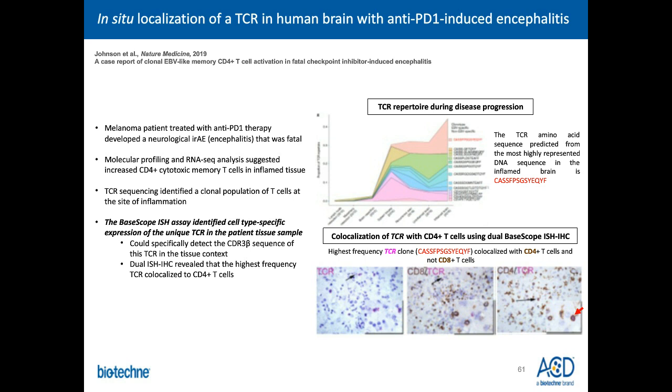And BaseScope played a very significant role because it allowed visualization and co-localization of the specific TCR with CD4 cells, and mainly showed that this was not co-localizing with CD8 cells and built confidence in understanding the cell population responsible for inducing this encephalitis.